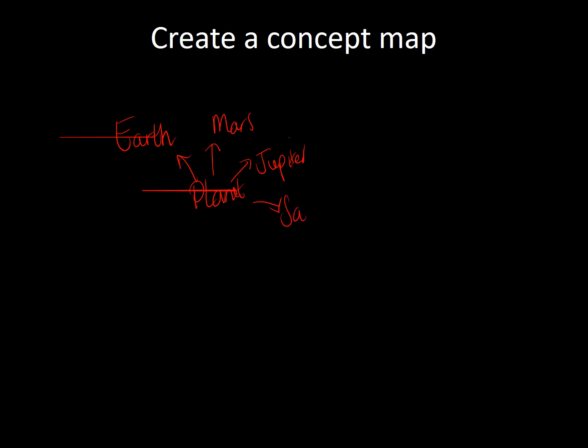I'll start for you. So for example, you can say you have Earth, and Earth is a planet. And you might have many different planets, so I'm going to write Mars, Jupiter, Saturn.